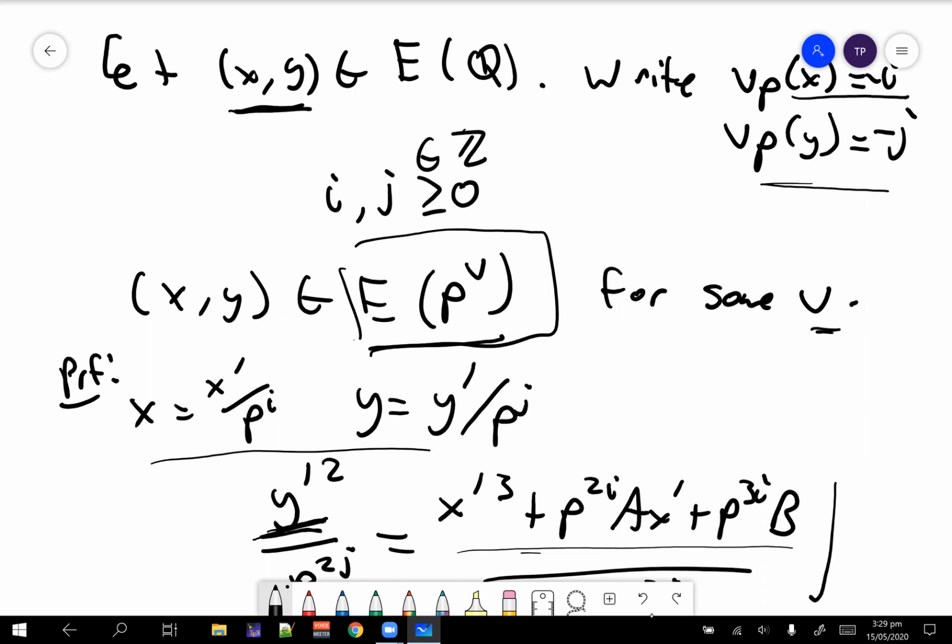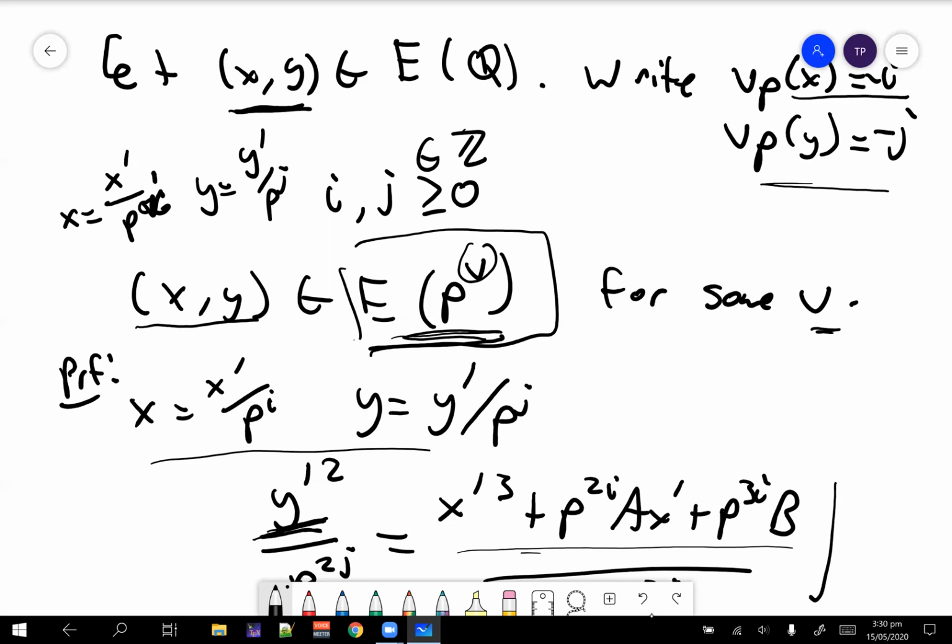And if we think about it, a point in here has some denominator. So x would be equal to some x prime over p to the i, and y would be some y prime over p to the j. And that means if we let this v get larger and larger, then the denominators get larger and larger.